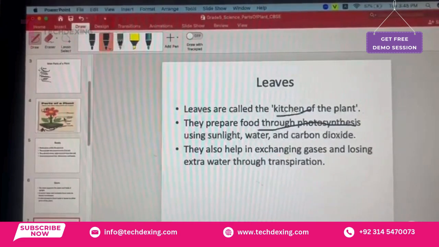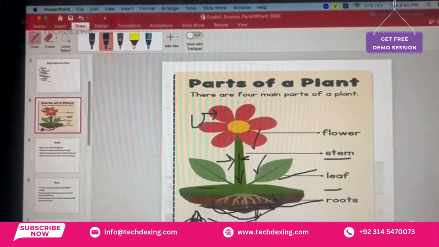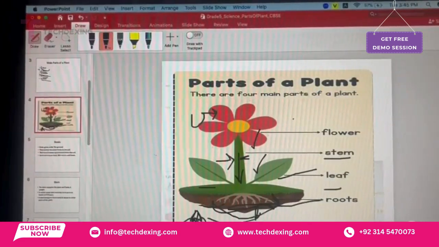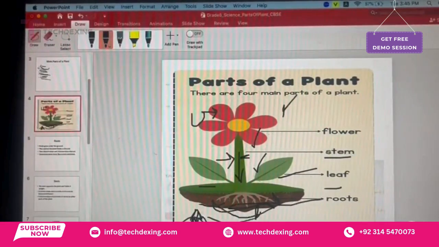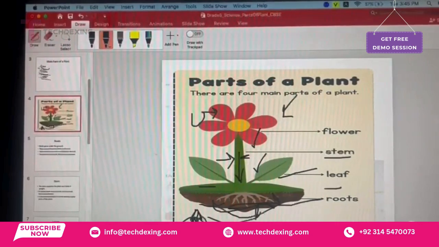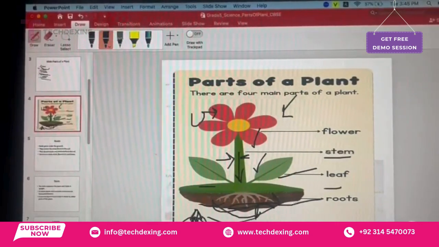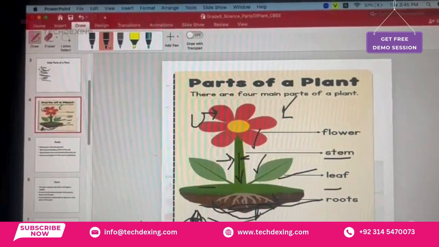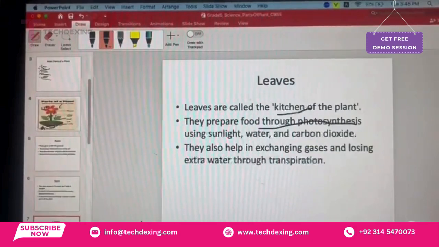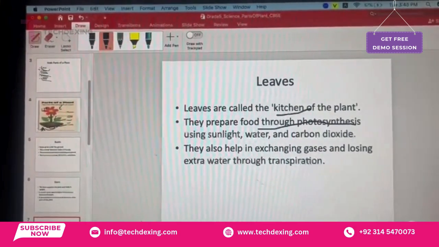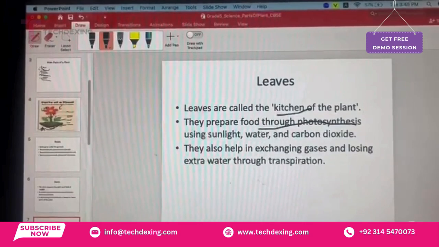Sunlight comes here and makes food for the plant. We will study in the next parts what photosynthesis is. It's a detailed topic.